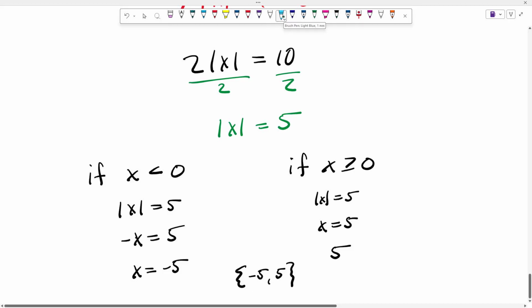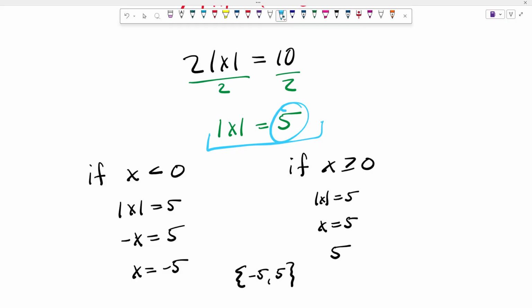Once we get to here, is it always going to be plus or minus that number? It is.